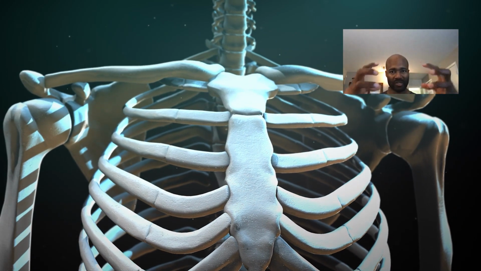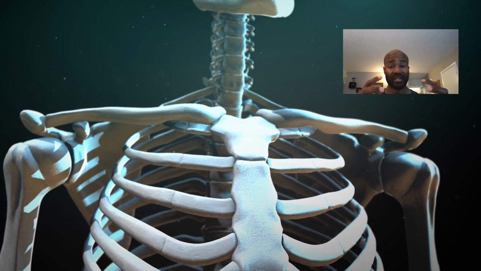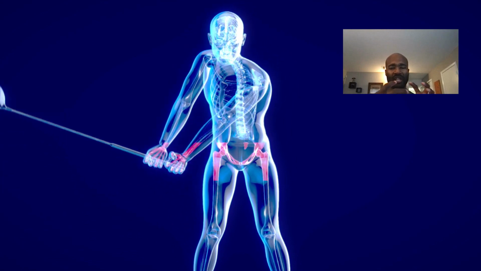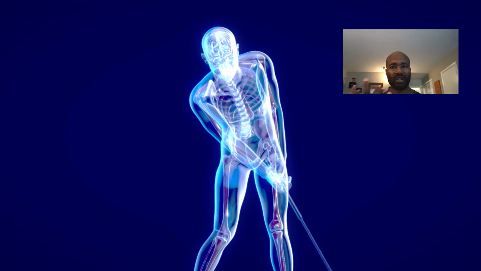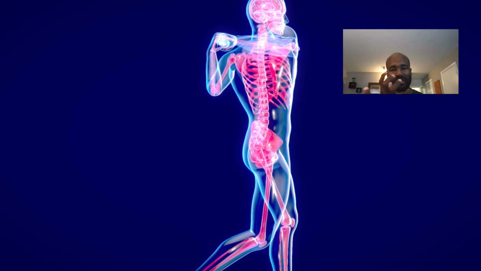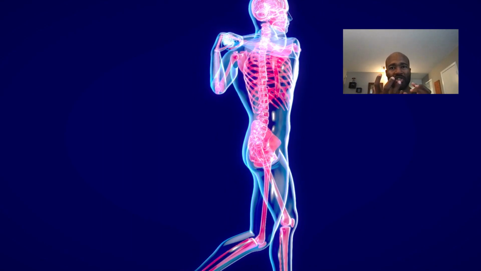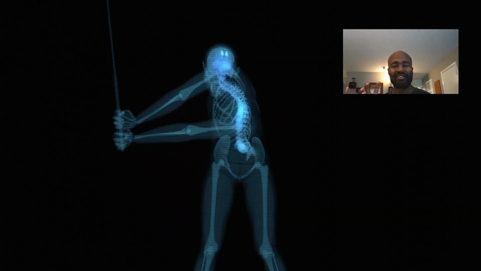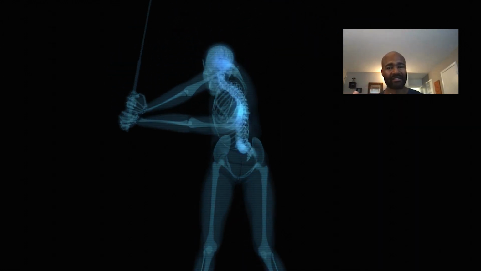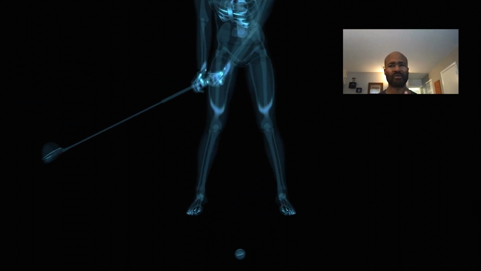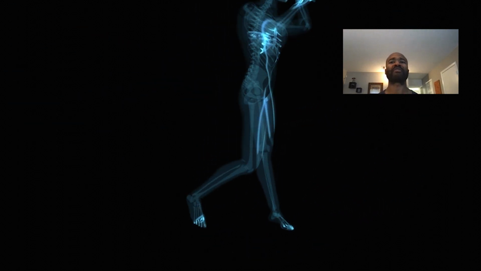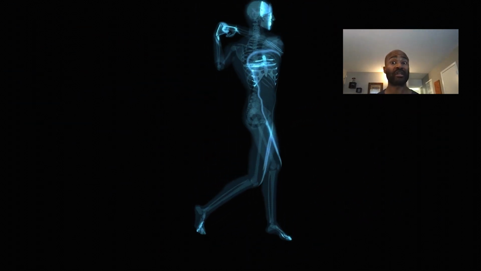If you look at the ribs, they actually look like springs. So when you add that rotation and all of the muscles that attach to the rib on that backswing, it's almost like that rib is generating and storing kinetic energy to then be released back into the club and therefore the golf ball. So the ability of the rib cage to be responsive to the swing is important.